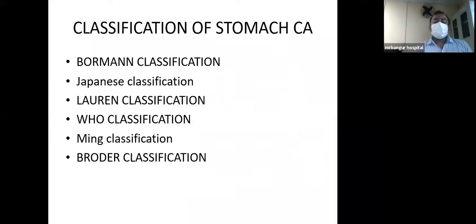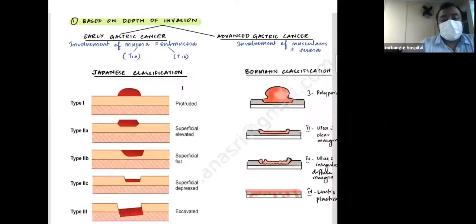Now, coming to the classification of stomach cancer. Depending on the depth of invasion and the histopathology, various classifications have been proposed. I'm starting with the Borrmann classification and the Japanese classification, where it is said that stomach cancer can be divided, on the basis of depth of invasion, into two groups: early gastric cancer and advanced gastric cancer.